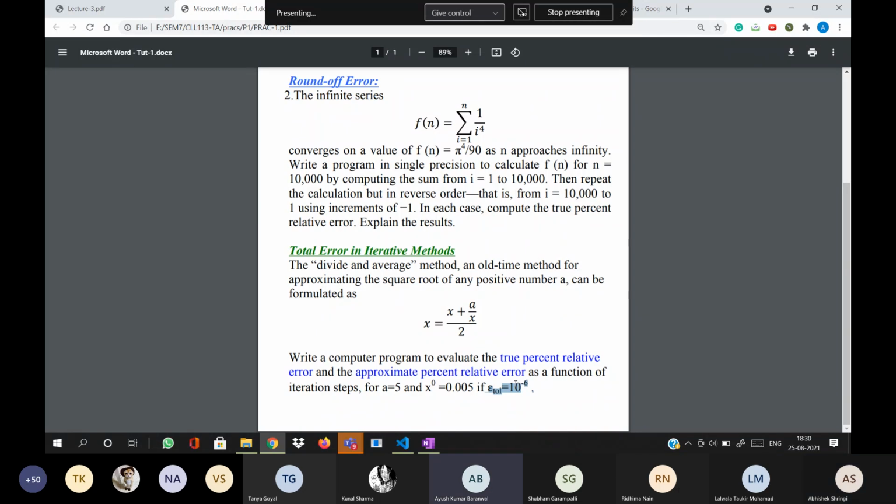Sir, in that true error, we can also take as many significant digits as we have, right? Because we have to go closest to the true value by calculating true error. It would be better to be close to that, not go very far from it. You have to learn to write efficient programs. Once the error is fixed, the number of significant digits are placed in that. You are right in some sense, but you need to understand this. Here it is not a problem in this particular question, but as you move on, you will need to write efficient code.